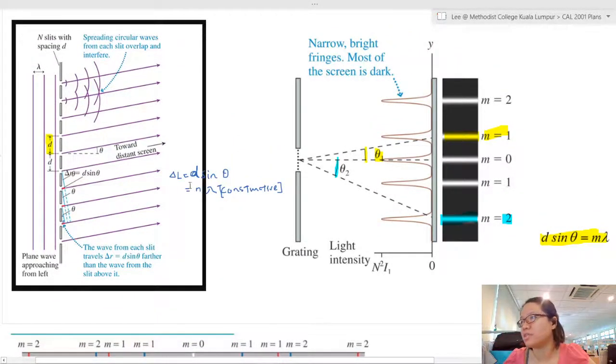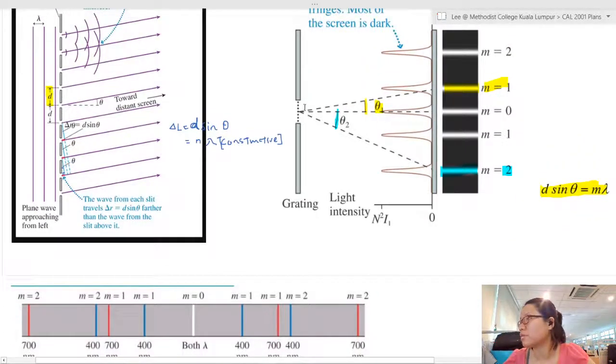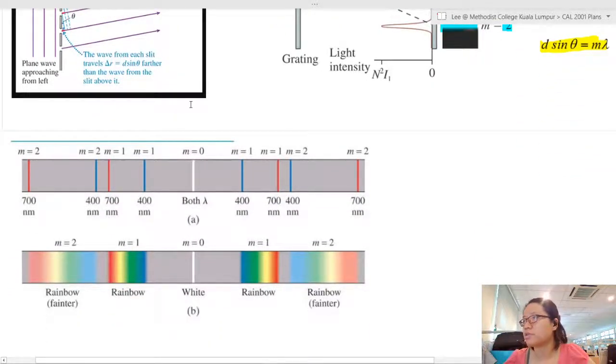All the slits will travel the same distance, 0. So you take this point center here, same distance, same distance, same distance. Imagine a bit. Because they travel through the same distance, this is your 0, because the delta L is always 0. So you get a white light here.